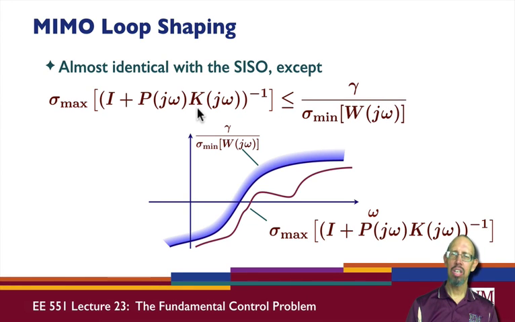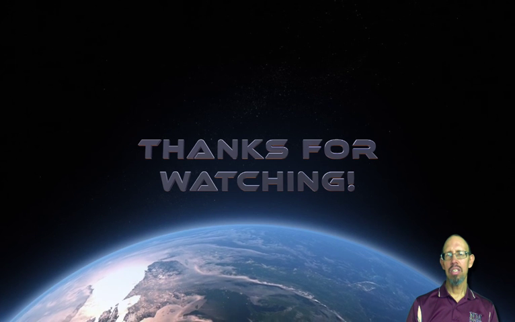So K has a handful in terms of what it needs to accomplish. But that is multi-input, multi-output loop shaping. And we'll come back and look at how this plays in a number of different situations. So this is loop shaping.